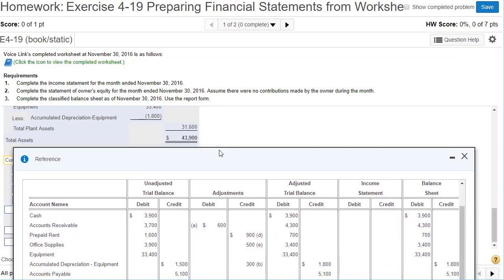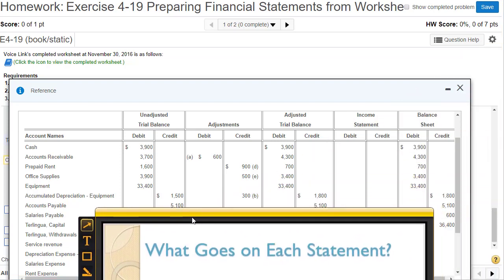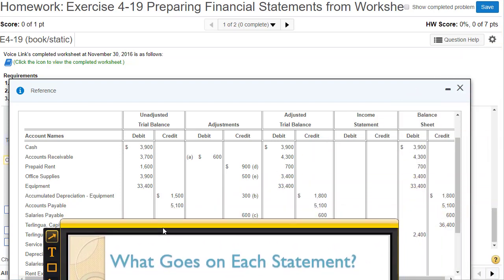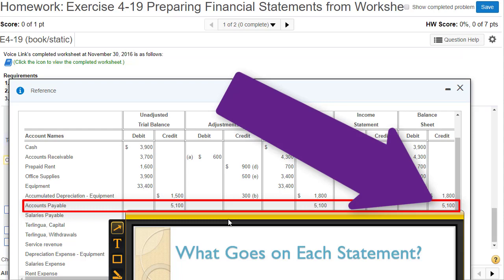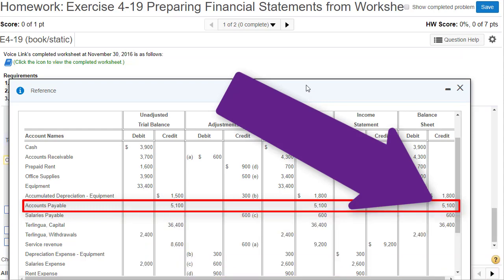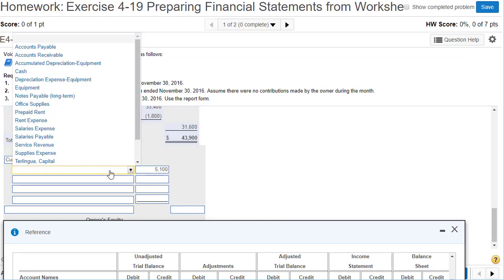So now we need to list our current liabilities. Our first liability, let me use this as a straight edge so I can read this. Accounts payable, we've got $5,100 of accounts payable.